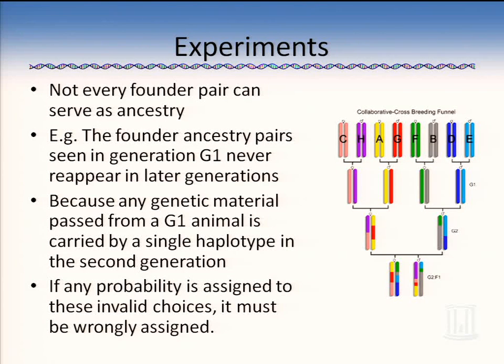Let's start simple here. Any pedigree pair can serve as an example. For example, the founder pair in generation 1, after that founder pair you see here never reappear in later generations, since the genetic material passed from generation 1 animal is limited. So for example here, you should never see this pair, and if any probability is assigned, it must be wrongly assigned.